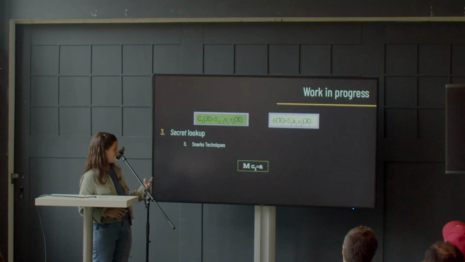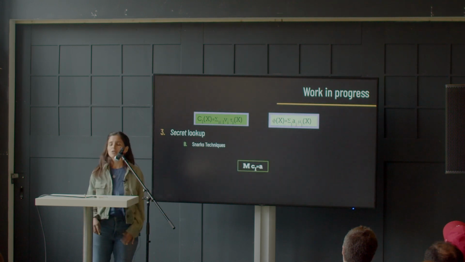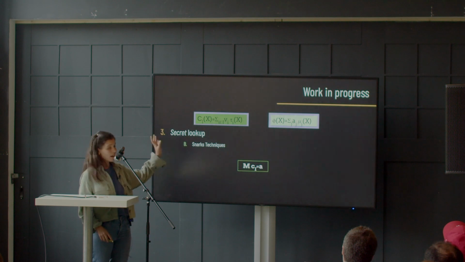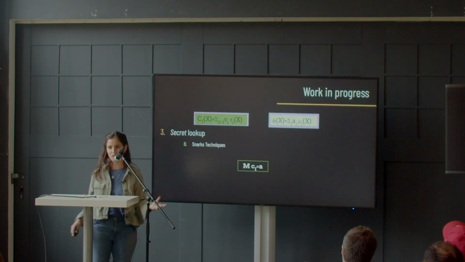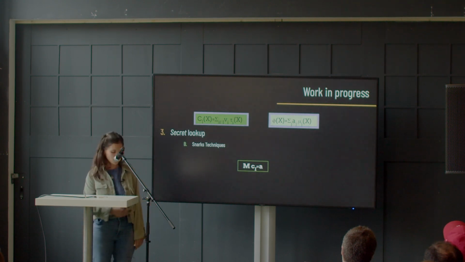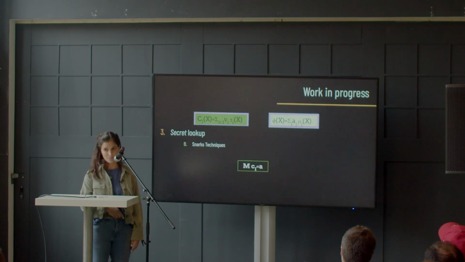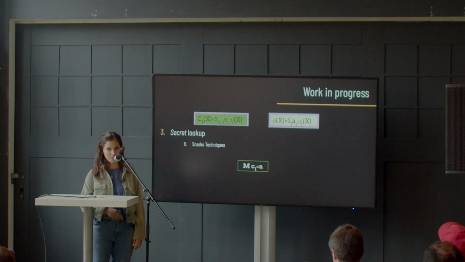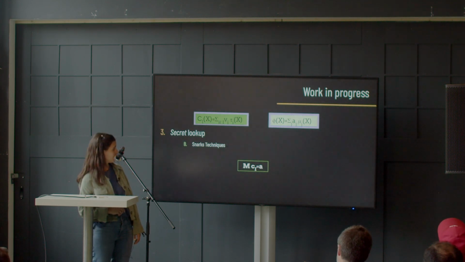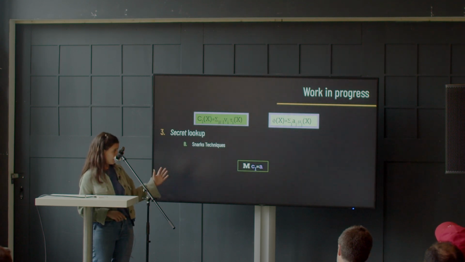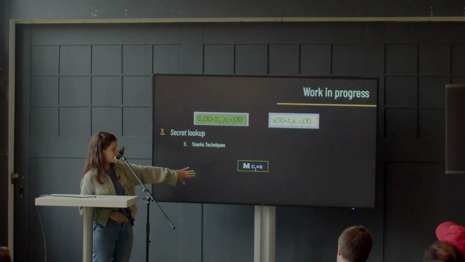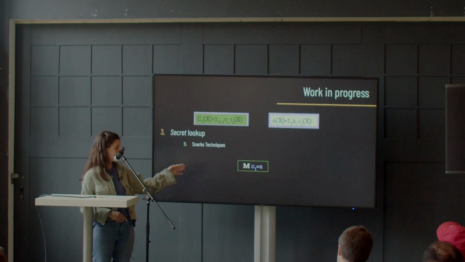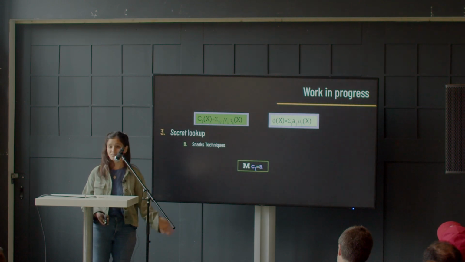And when I say snarks, I say matrix and vectors. So if you're familiar with Marlin, or if you are familiar with R1CS, all we do in snarks is try to prove linear relations like this. That some matrix multiplies some vector equals some other vector. And this is the relation that holds for C and I. In snarks, usually what we have here as C and I are like the witness, are part of the witness, so we keep them secret.